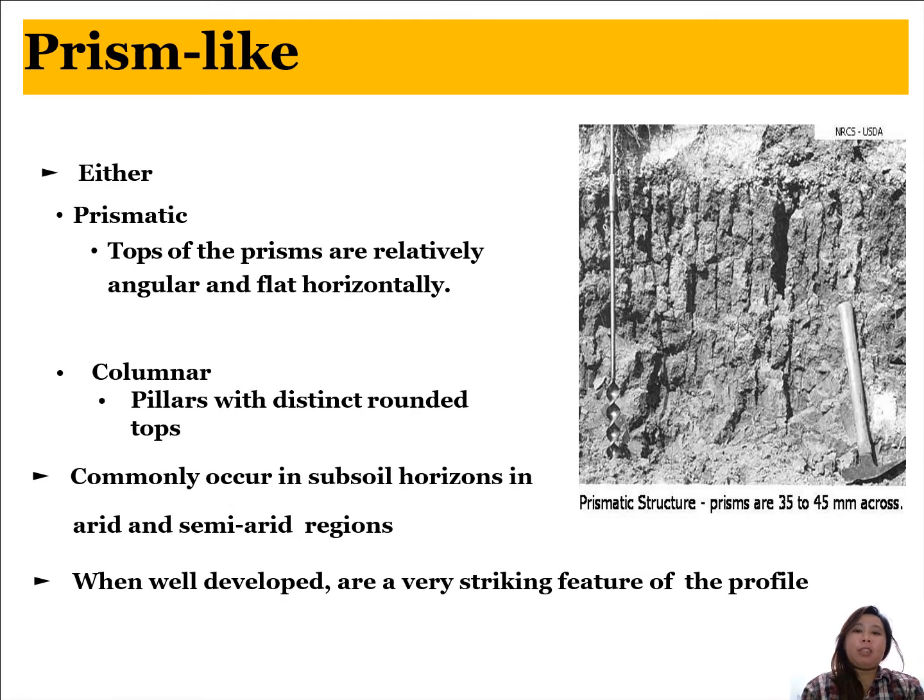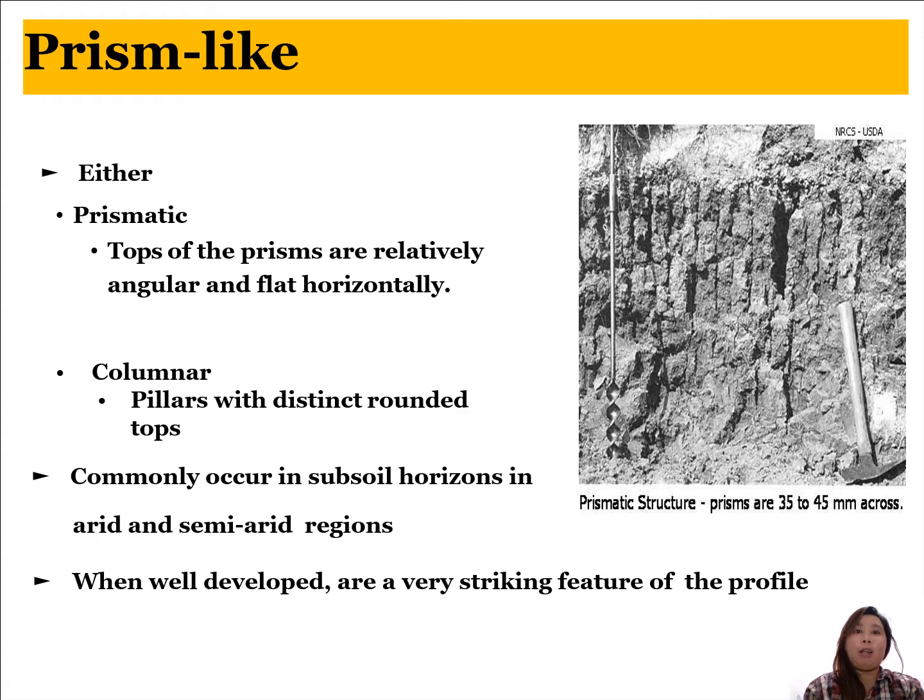For the prism-like structure, as I've said earlier, it can either be prismatic or columnar. Prismatic has a structure wherein the tops of the prisms are relatively angular and flat horizontally, while in columnar, the pillars have distinct rounded tops or salt cap, and this kind of soil structure is commonly found in the subsoils of the arid and semi-arid regions.